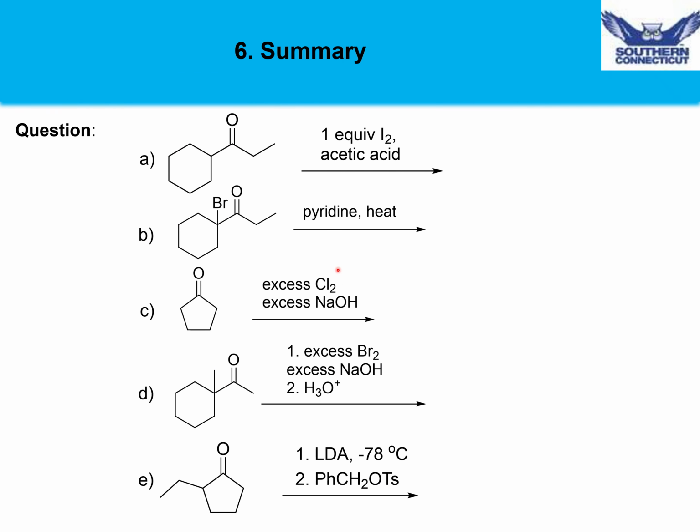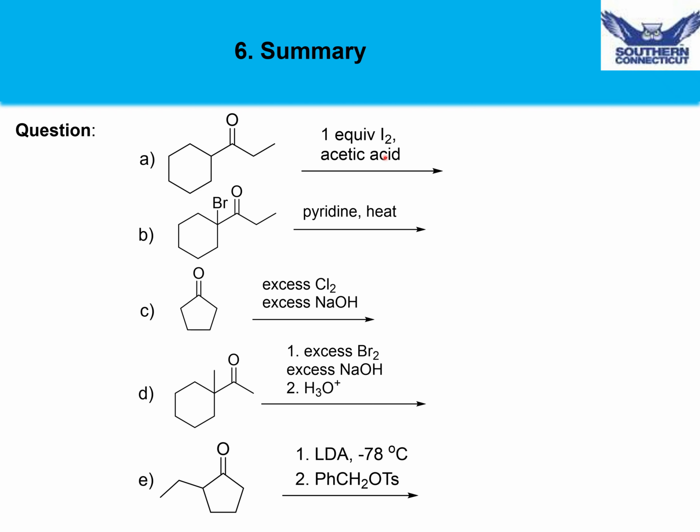Review some of the reactions from this chapter. In the first reaction, a ketone is treated with acetic acid and one equivalent of iodine. In the second reaction, an alpha bromo ketone is treated with pyridine, which is a base, and heated. In the third reaction, a symmetrical ketone reacts with excess chlorine and excess sodium hydroxide.